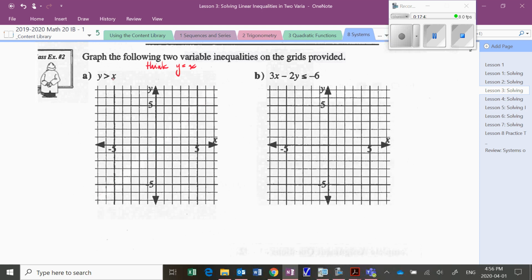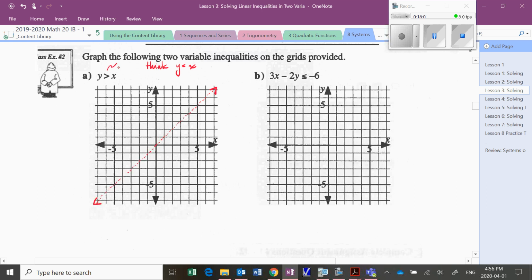So let's delete that, and instead, ideally you've got a ruler as well to help you to show this dotted line. That is still a straight line that is essentially following the same path as the y equals x line would, except it is a dotted line.